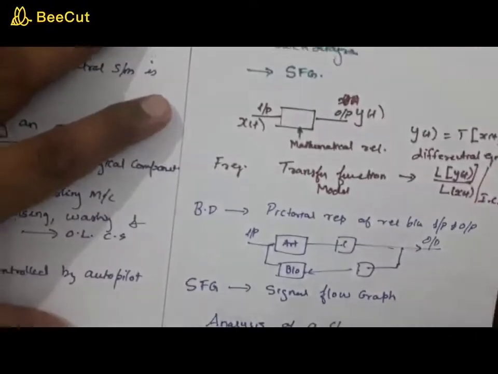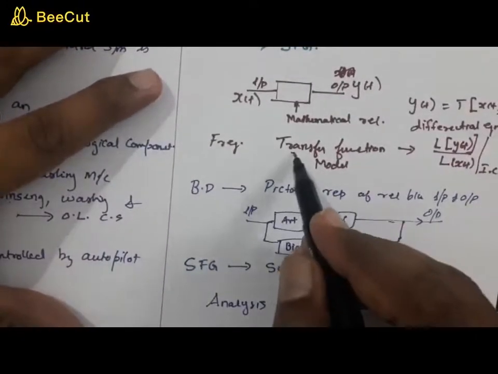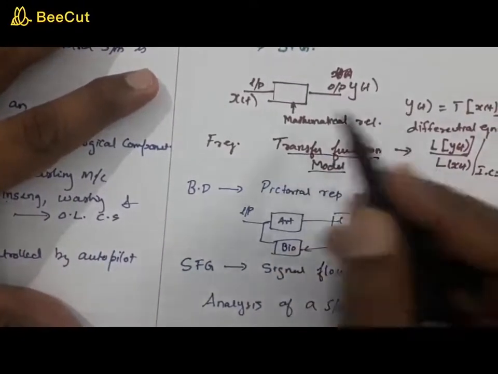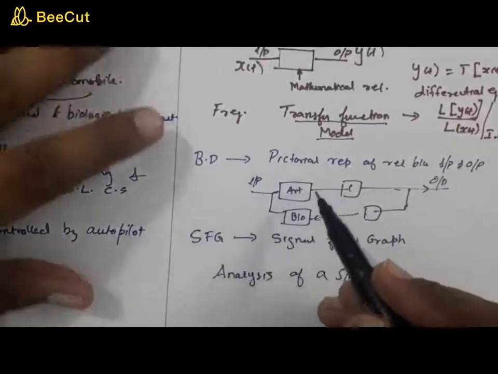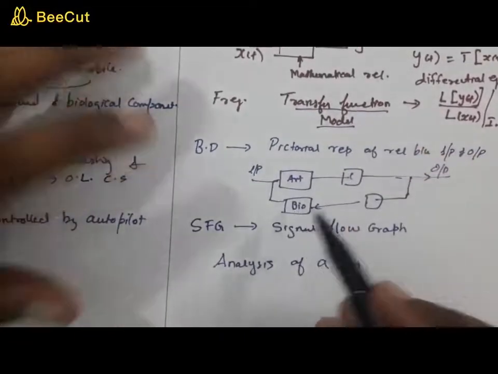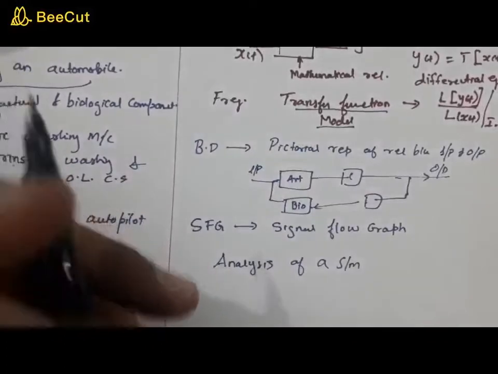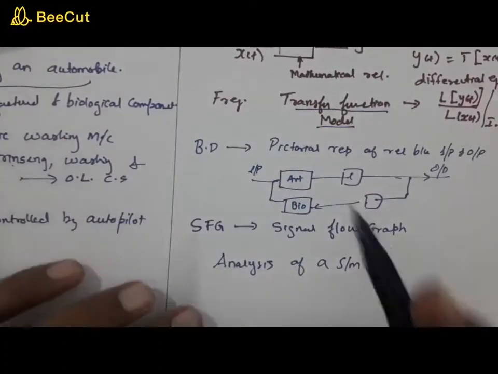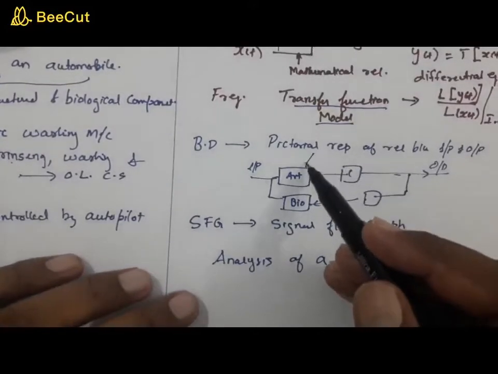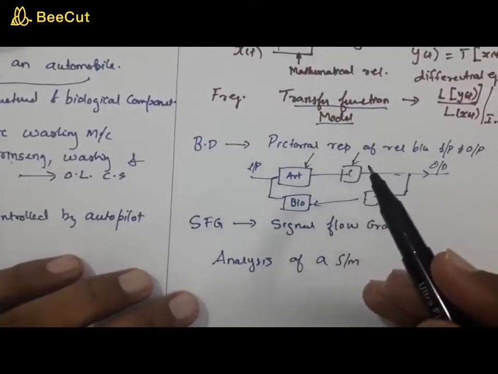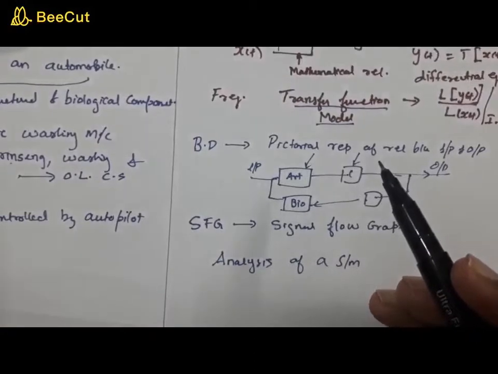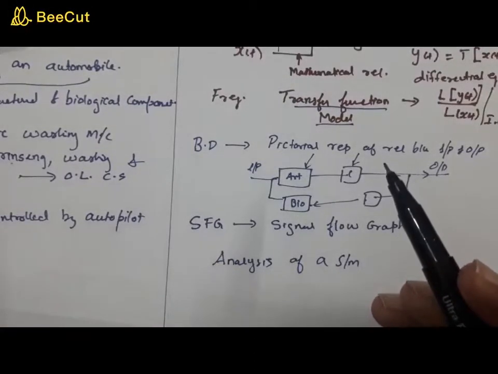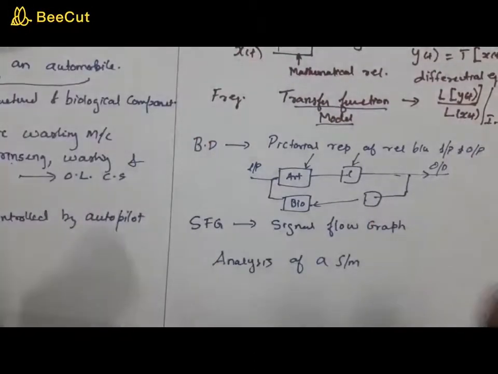As I mentioned, we'll be utilizing the transfer function model from the mathematical side, and combining this transfer function and the block diagram, you can find the overall transfer function of a system. Say, for example, each component can be represented by a block, and each component may have a transfer function. Now, by suitably connecting them, you can find the effective transfer function of that system.